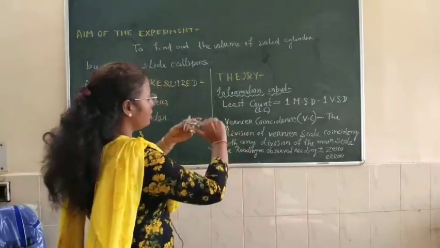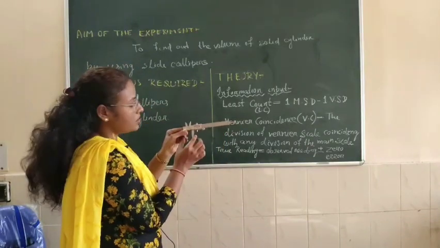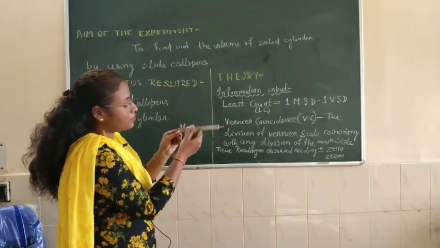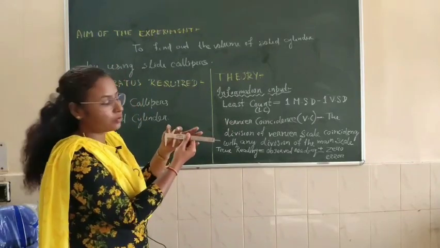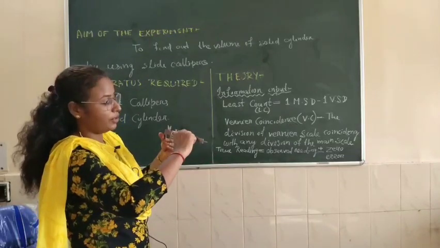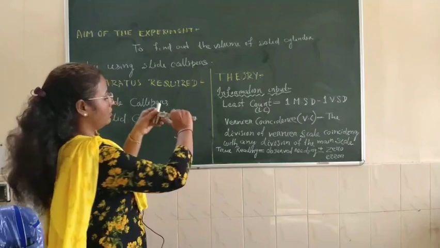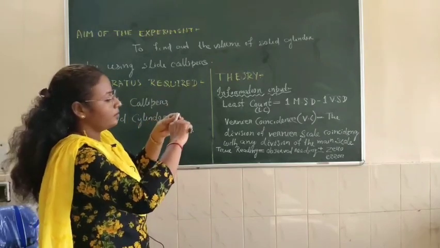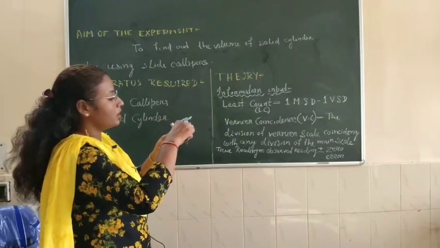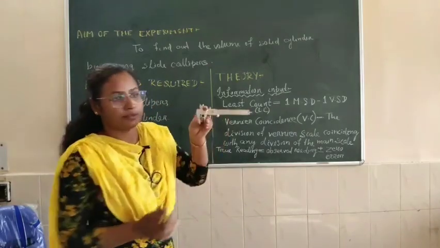First, this is called the upper jaw and this is called the lower jaw. By using the upper jaw, we are going to measure the internal diameter like this, and by using the lower jaw, we are going to measure the external diameter.